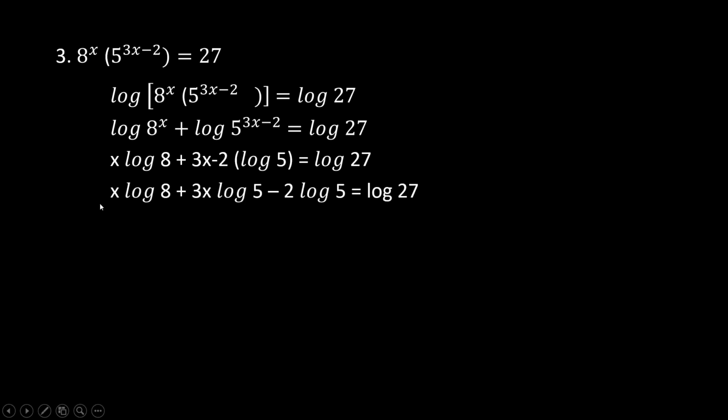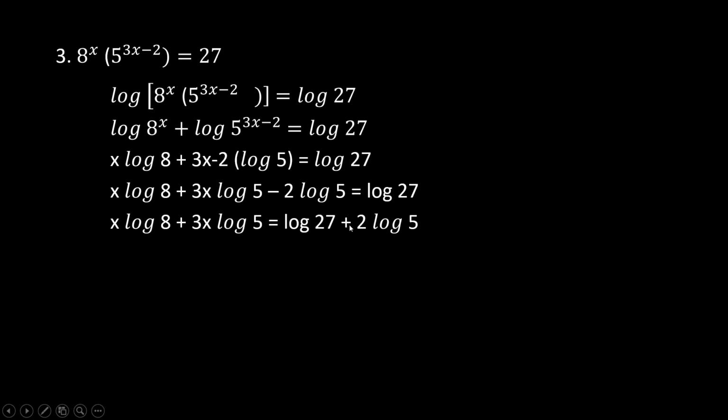Then simplifying further, we have this x times log of 8 plus 3x log of 5, because we distribute these terms, minus 2 times log of 5 is equal to log of 27.